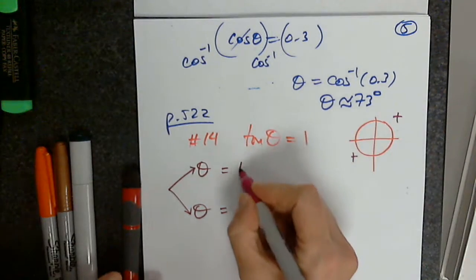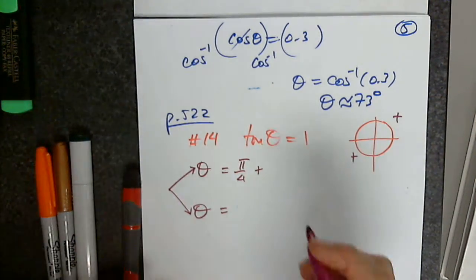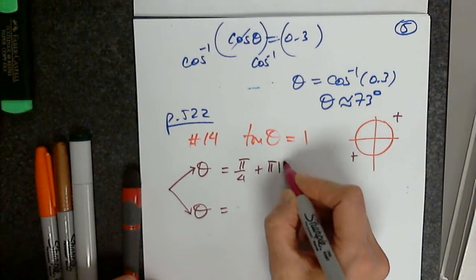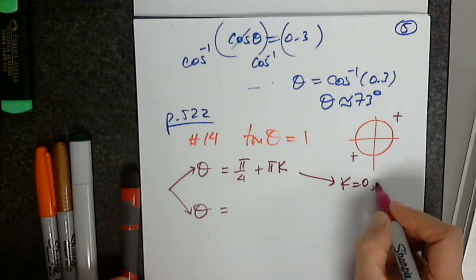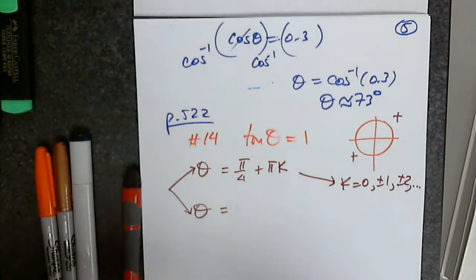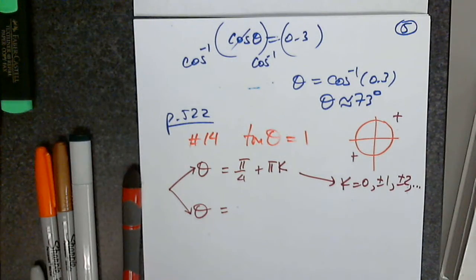Exactly. So it's pi over 4 plus, what is the period again? Yes, pi k. What is k? K can be 0, plus or minus 1, plus or minus 2, and so on. Here's what it means.